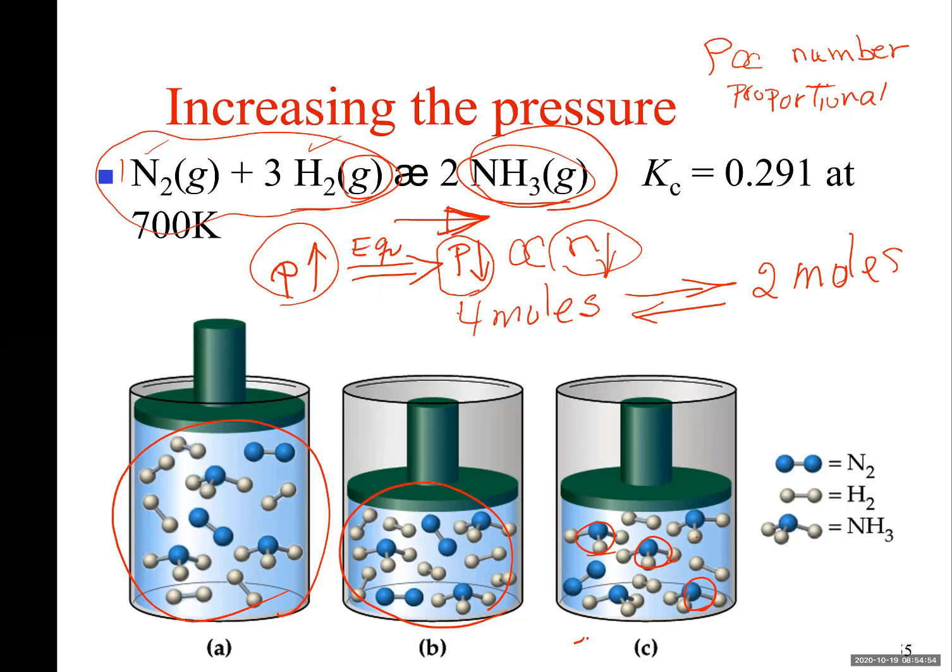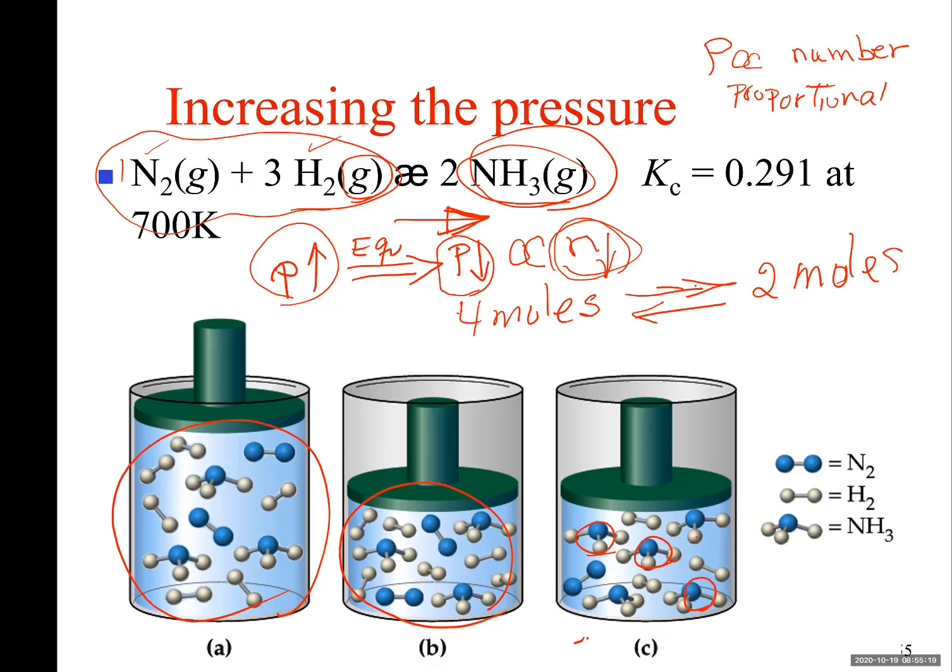Should it shift toward the products or reactants? You make a prediction. Right or left? Which direction decreases number of molecules? That's what equilibrium is going to choose. Shift to direction where there is less number of molecules.